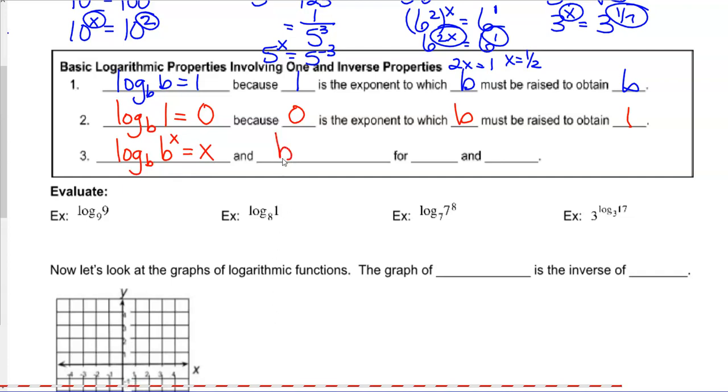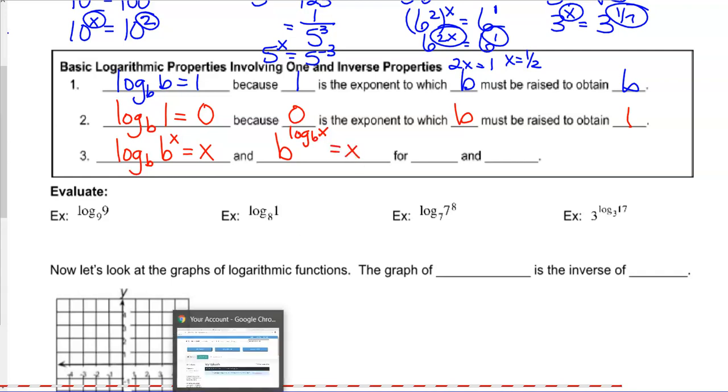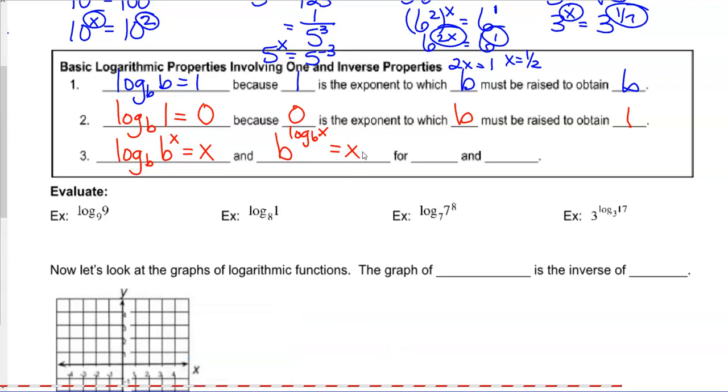And if I have a base that has log base b of x in the exponent, this is also a property that is equal to x. Now, this is going to be helpful when we solve our exponential equations to know that I can get x out of it by raising a log to the same base power, or by taking the log of this base to a power to get rid of that. So we have this for b greater than 0, and where b is not equal to 1, which are the same conditions that we had in our definition for that.